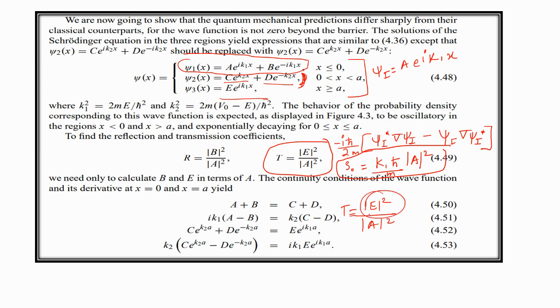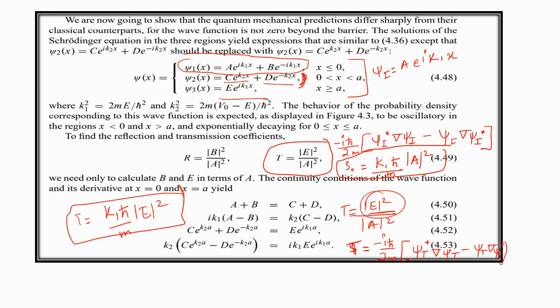If you find the transmission current density in the same way, minus i h cross upon 2m times psi t star del psi t minus psi t del psi t star, when you solve it, you will get k1 h cross upon m times E square. This you will get, right?